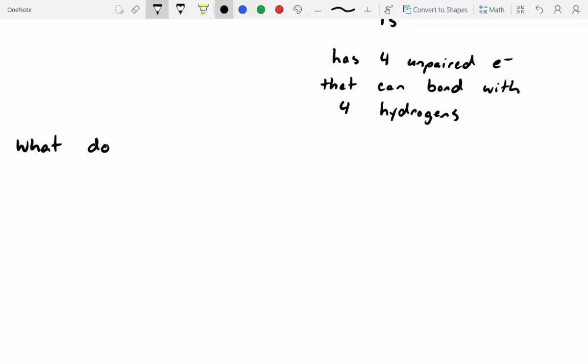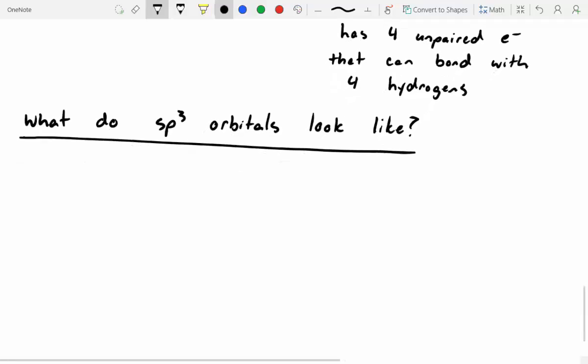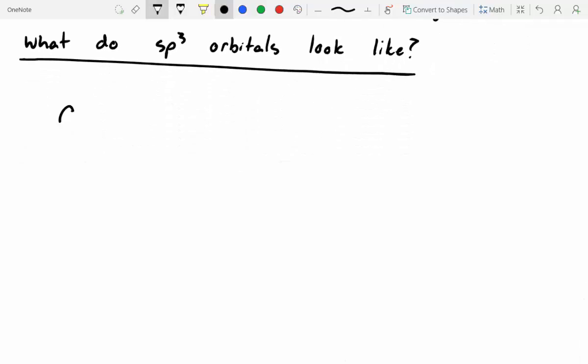First thing we're going to do is look at the orbitals themselves. So the big question is, what do these sp3 orbitals look like? Well, we know it's a combination of one s orbital plus 3 p orbitals that look like that.